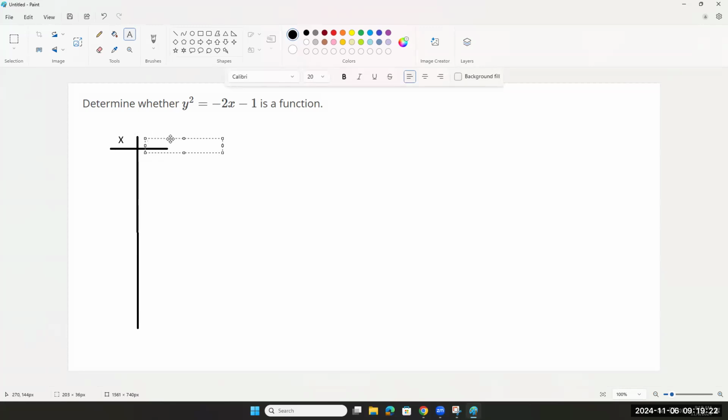So to make a table of values, what I would recommend is looking for the variable that has the exponent. And I'll tell you why that makes sense in a little bit.